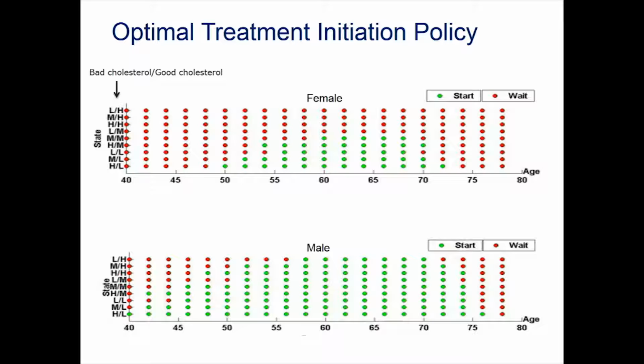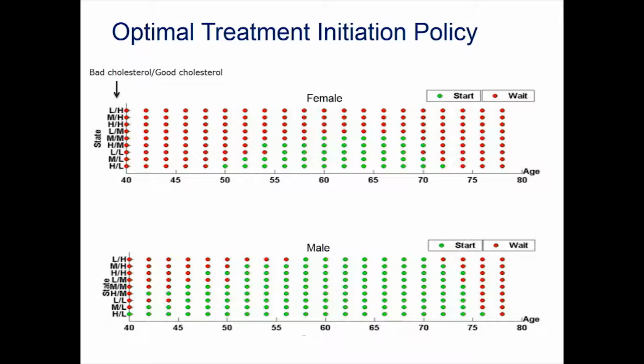You're on statins or not, but depending on your weight, for example, you would potentially start a dose that varies. There's not a huge variation in dose, but now people are looking at it as multiple treatments. You start low dose statin, see how it goes, then you might start a high dose if your risks continue to be high. That's a much more recent development. But that expands the action space.